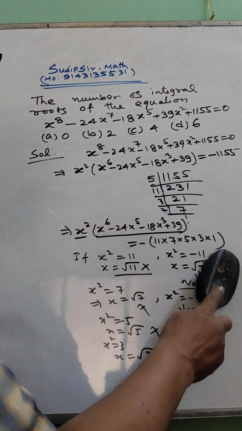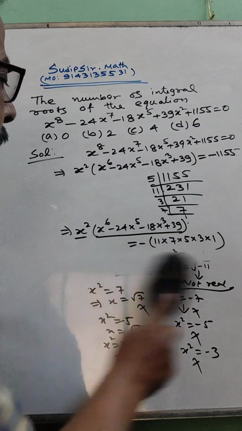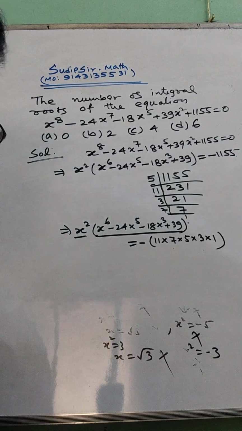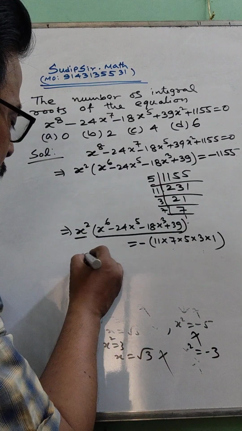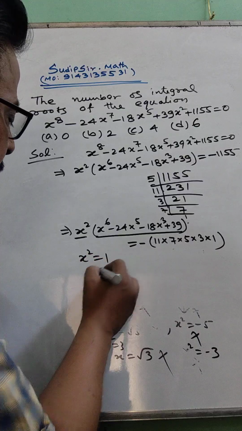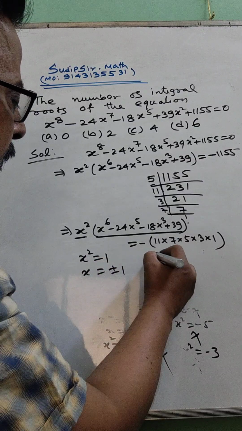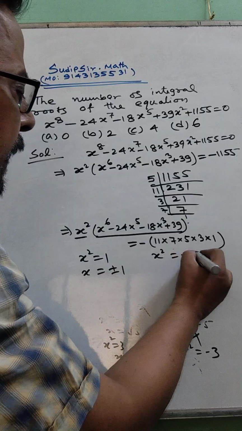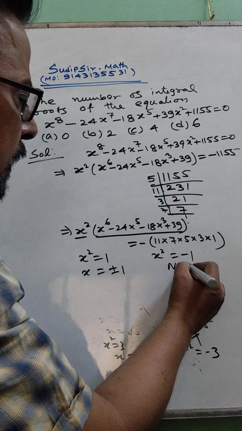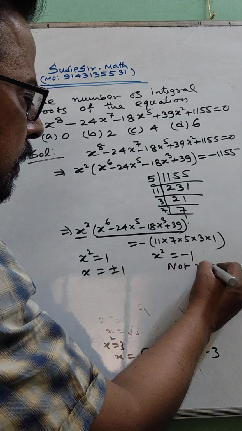Now we have to check for 1. If x square equal to 1, we can get integral solutions plus minus 1, and if x square equal to minus 1, it is not real.